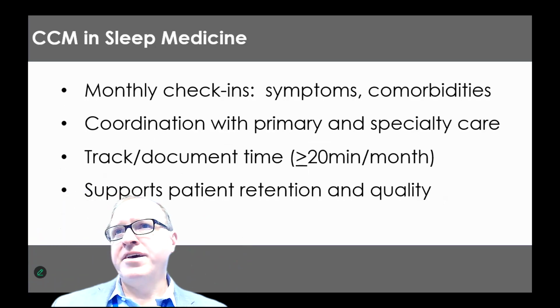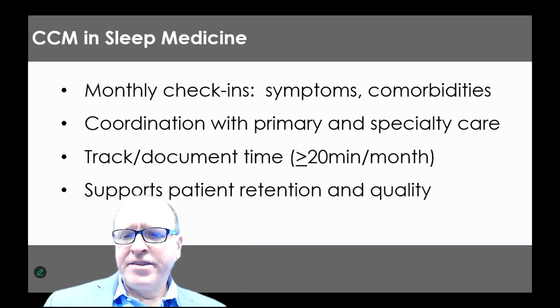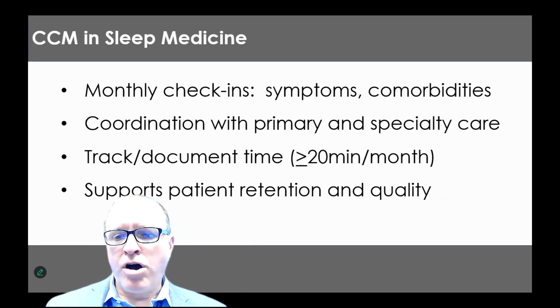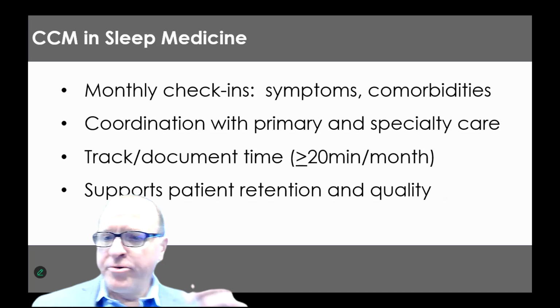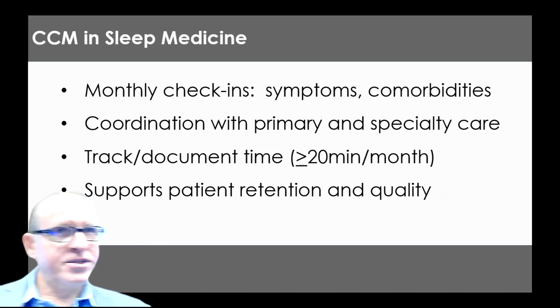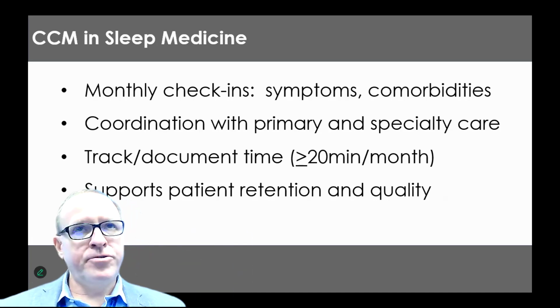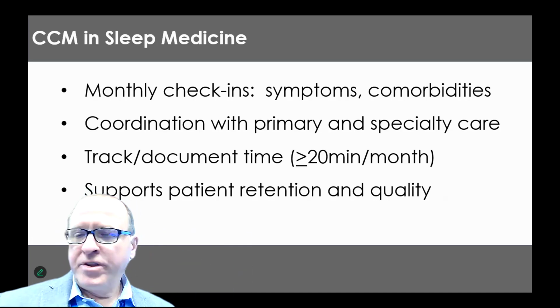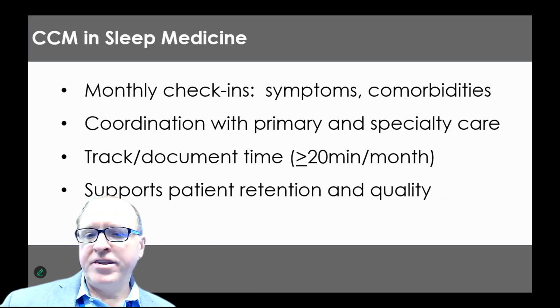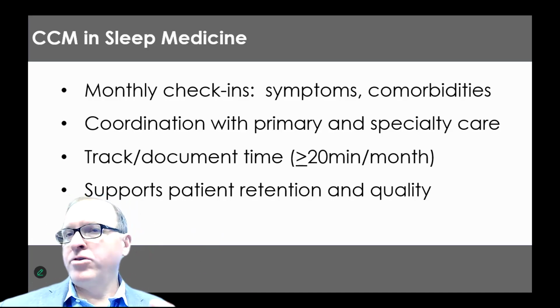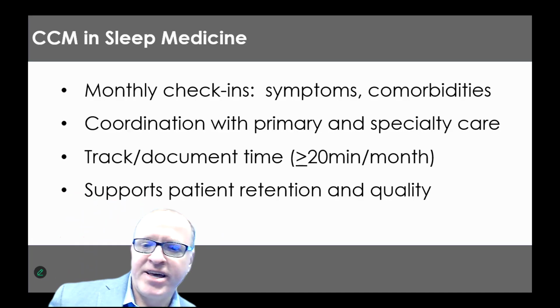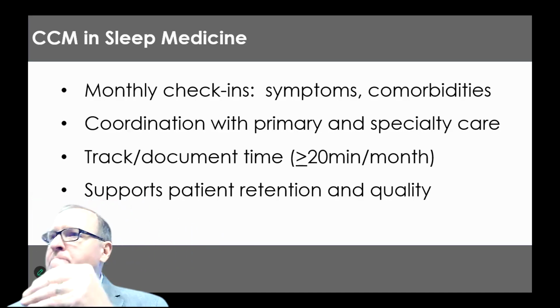So CCM, chronic care management, is more of a broader care management component. It's ideal for patients with OSA plus, say, hypertension or obesity or other comorbidities. In this type of model, you've got monthly touch points that drive the goals to keep the patient engaged and address some of those non-PAP challenges.